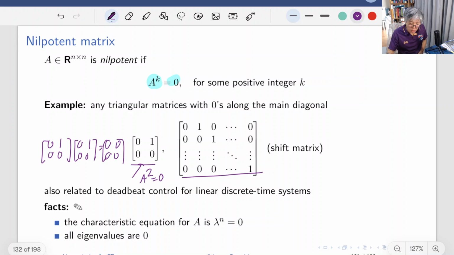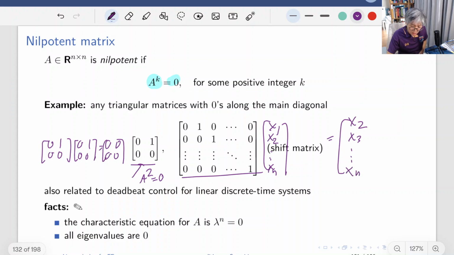Why is it called a shift matrix? Because if you multiply this with x1, x2, all the way to xn, that gives you x2, x3, all the way to xn. So if you multiply with the original x, you shift it, and the result starts with the x2 entry.